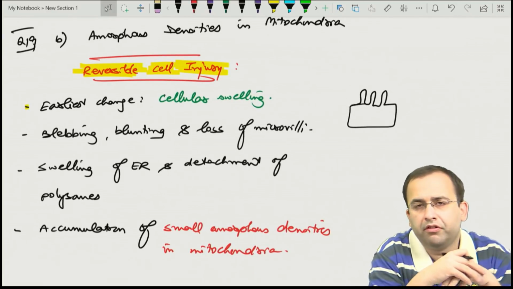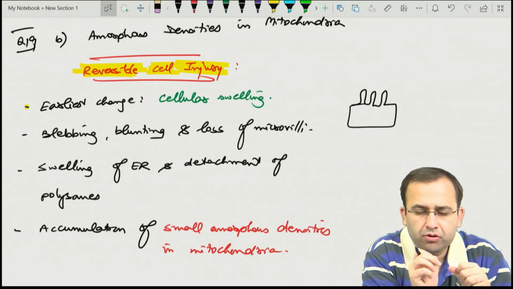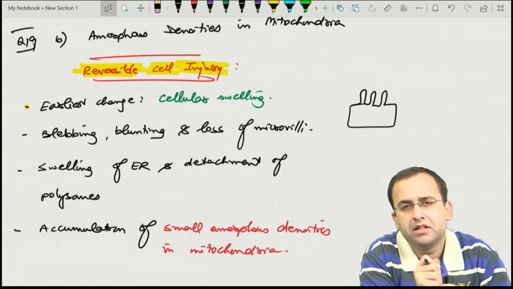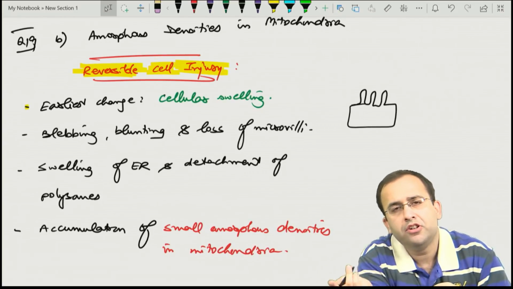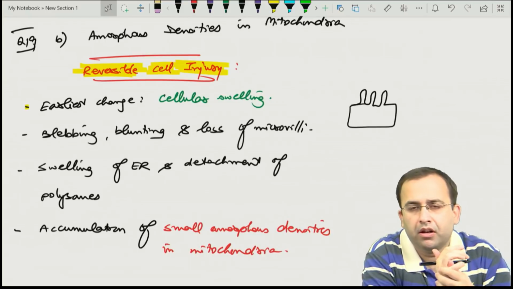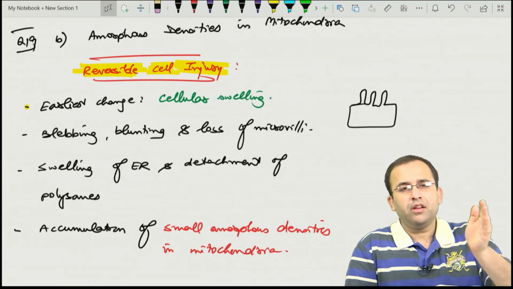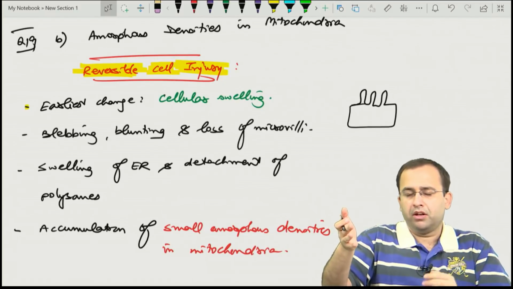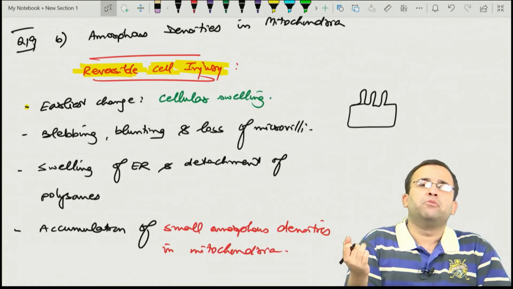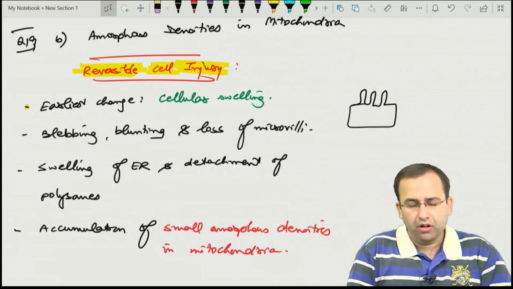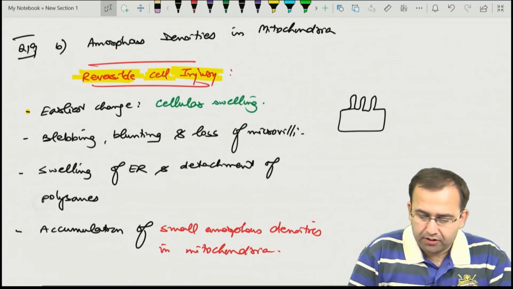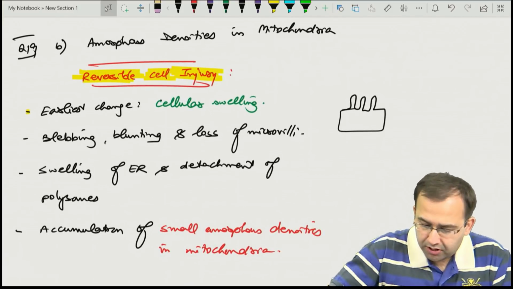This is reversible. Now please note, small amorphous density is reversible, large amorphous density is irreversible. So if only amorphous density in mitochondria is written, reversible or irreversible? Irreversible, because that amorphous density can be large also. Next, so this is reversible cell injury.